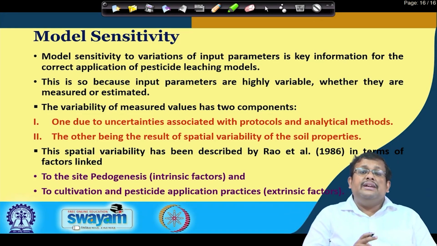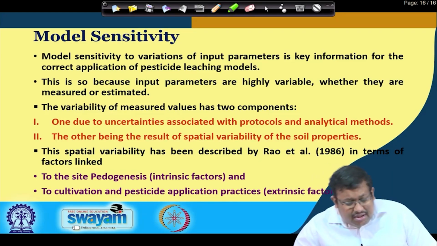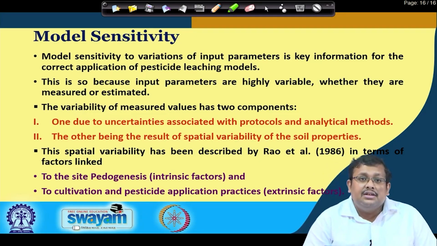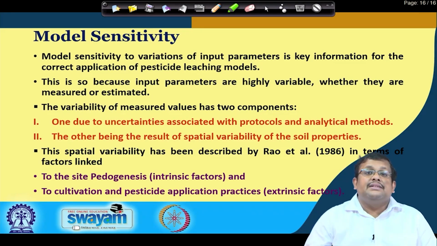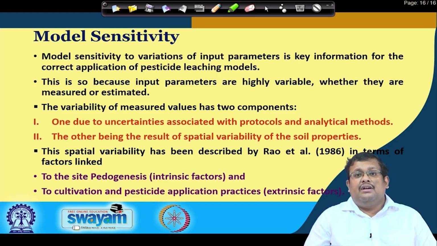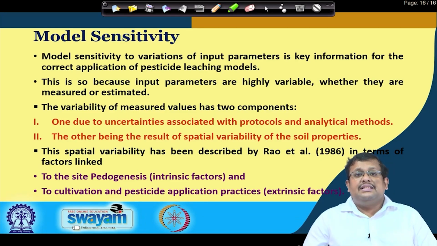Now, the spatial variability has been described by Rao et al. in terms of factors linked to the site pedogenesis, which are intrinsic factors, and the cultivation and pesticide application practices, which are extrinsic factors. The site pedogenesis is an inherent property, so it is an intrinsic factor, and the cultivation and pesticide application practices are extrinsic factors.